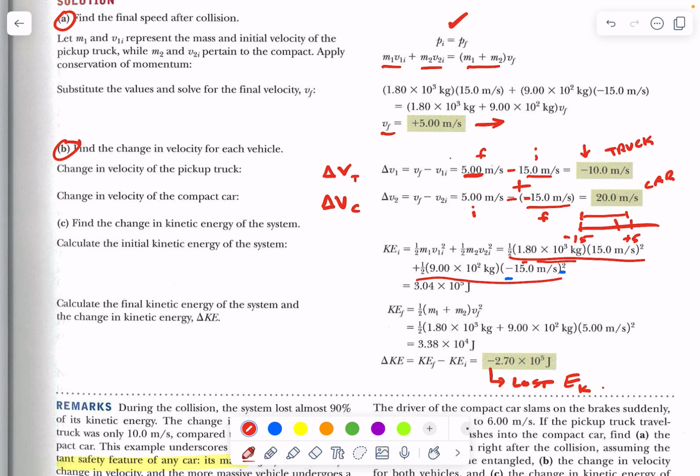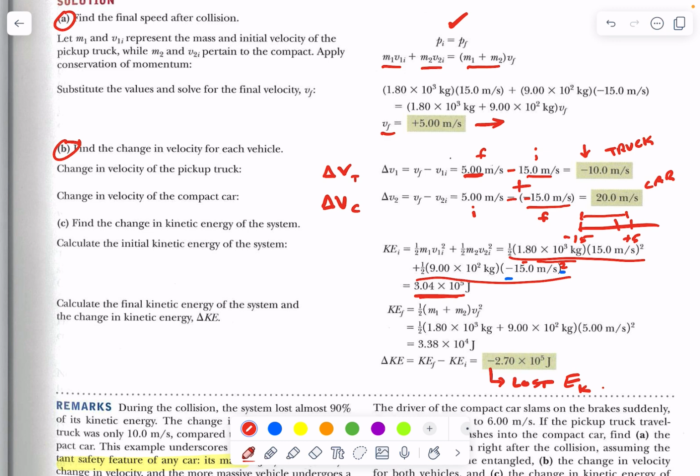And notice that because the car's speed is negative, but we're also squaring the velocity, the negative squared gives me a positive value. So in a sense, we're adding the absolute values of the two kinetic energies, and we're getting the total energy of almost a little more than 300,000 joules.